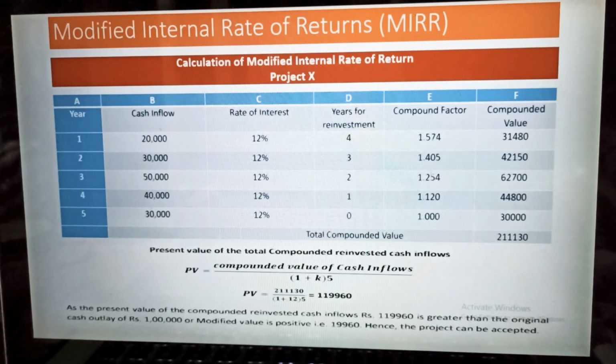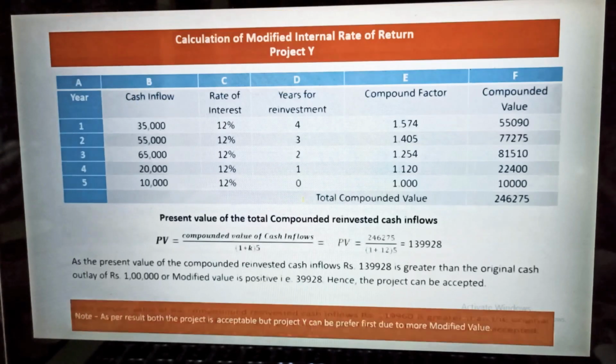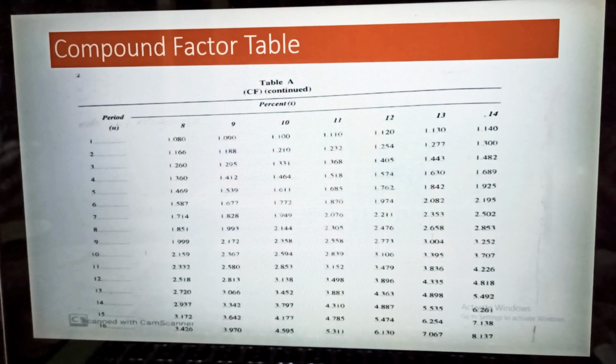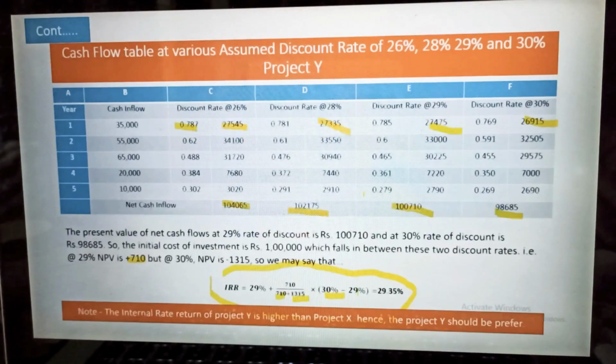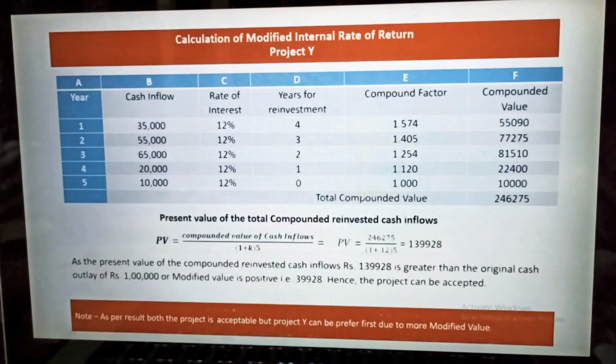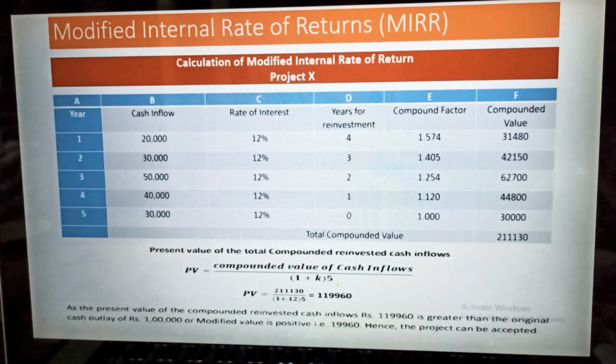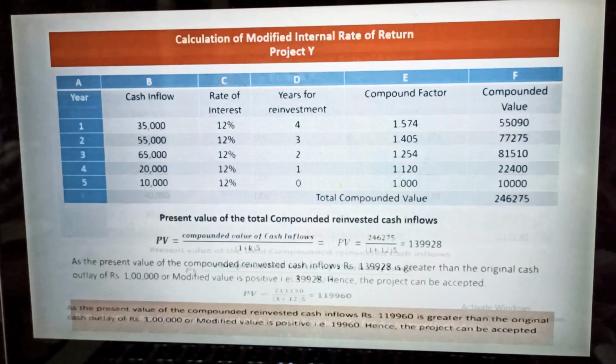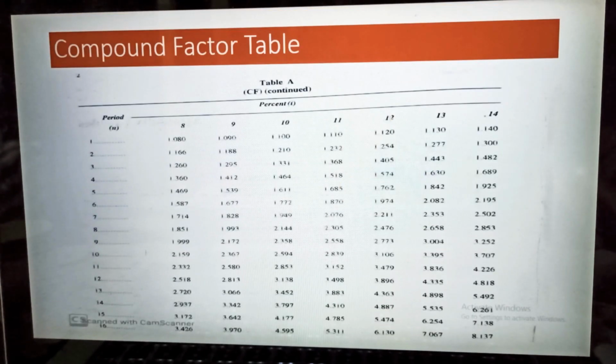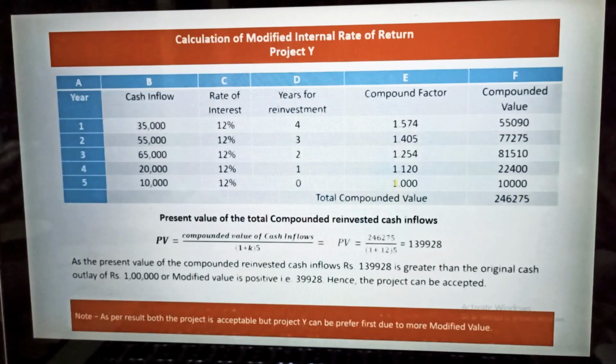Now you have to find compound factors. See, in this table I have given one compound factor. You can also find it through internet, through a book. I have taken this 12% rate of return. So you have to take these compound factors for 4 years at the rate of 12%. So let's go to the 12% rate, and after 4 years at this point you can check 1.574.